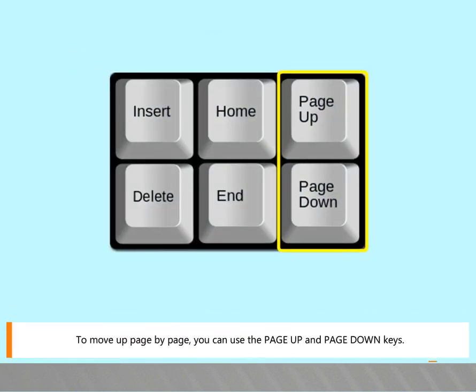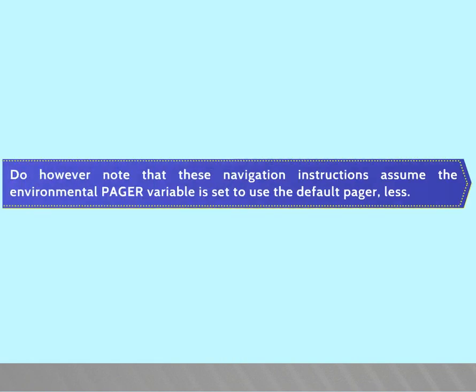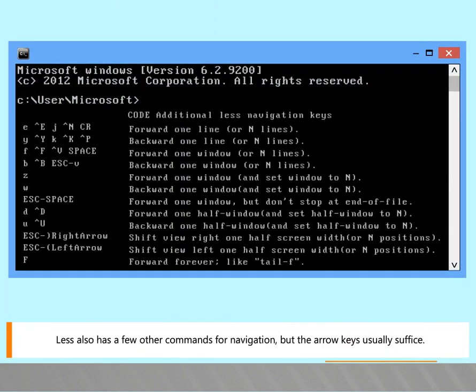To move up page by page, you can use the page up and page down keys. Do, however, note that these navigation instructions assume the environment variable PAGER is set to use the default pager less. Less also has a few other commands for navigation, but the arrow keys usually suffice.